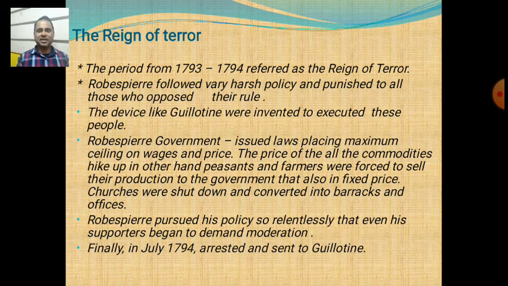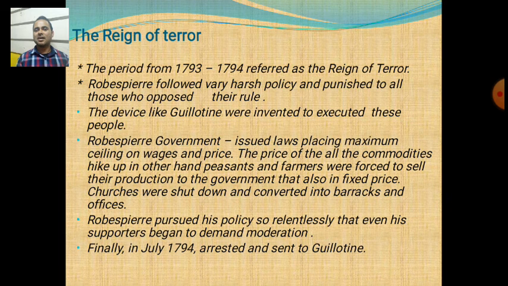Now with that fear, or with some other pressures, as they had seen how the monarch was uprooted from France, when the Jacobins came to power they followed a very harsh policy, and those who opposed their rules were suppressed with a very heavy hand.